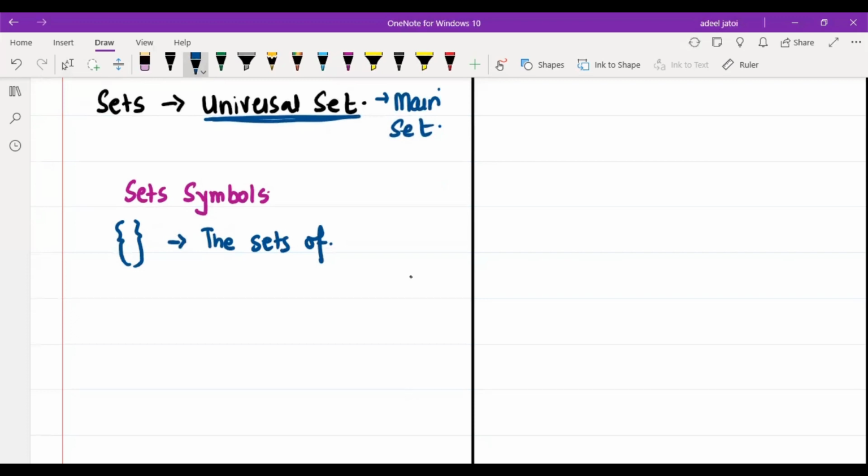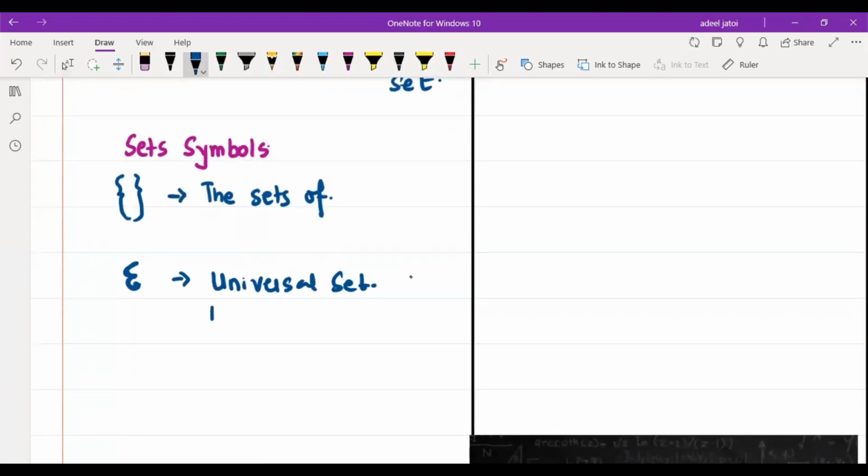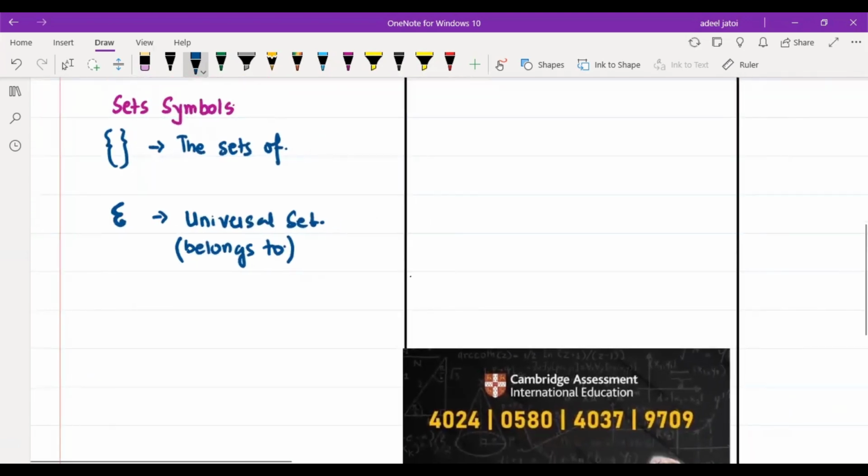Then we have the symbol for belongs to. All the sets will belong to the universal set.